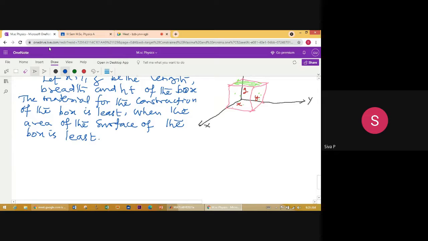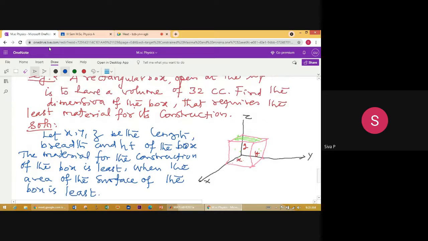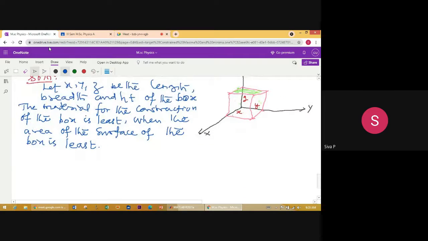So we need to find the least material to construct the box. So we take x, y, z as the length, breadth, and height of the box.